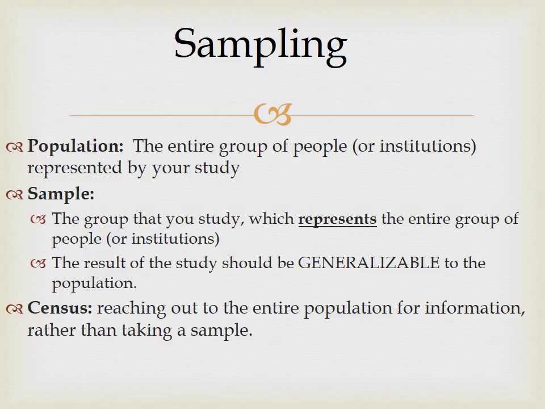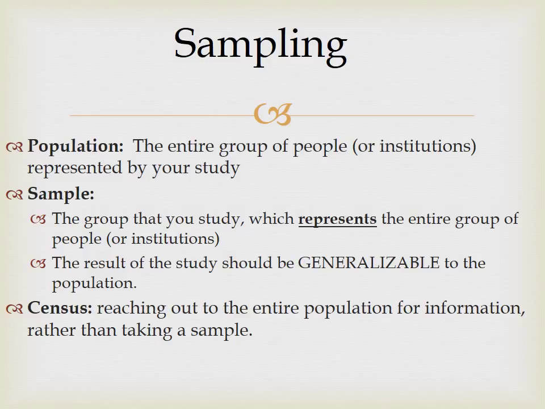So in our example of Saintsville, Florida, I think we can agree that the responses given by that local community probably do not represent the responses we would have received had we asked every single person in the United States. And by the way, if we did ask every single person in the United States, we would call that a census, not a sample.